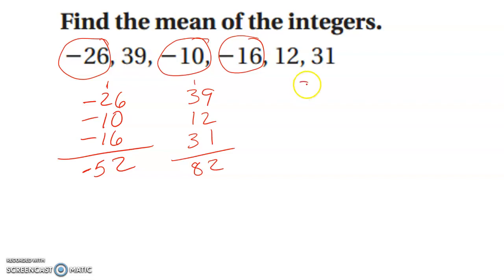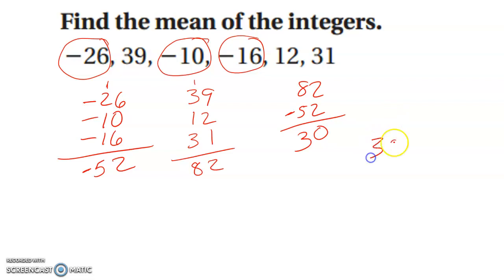So +82 and then -52. I'm going to end up subtracting because they're different signs. That gives me 30. Now a lot of people go, oh, the answer's 30. But remember, mean, you have to first add them all up and then you've got to divide. So the mean one is the hardest one because you got to do so much work.